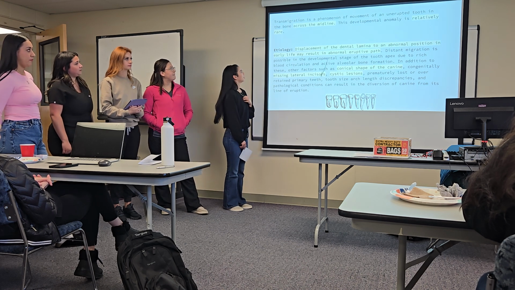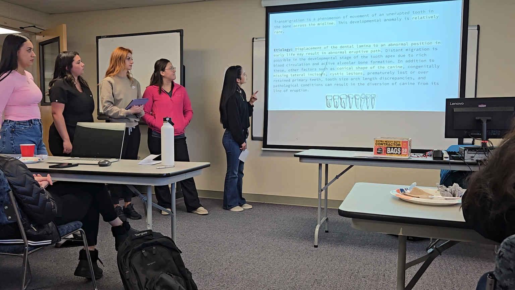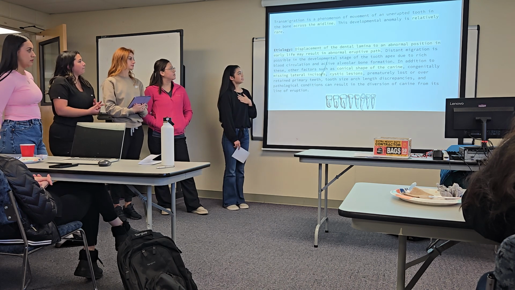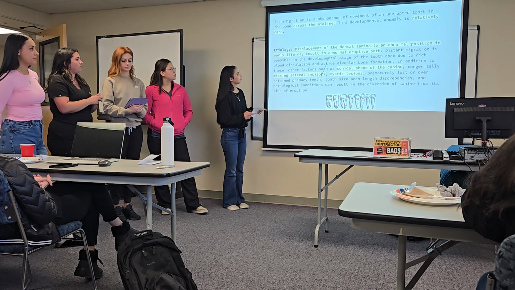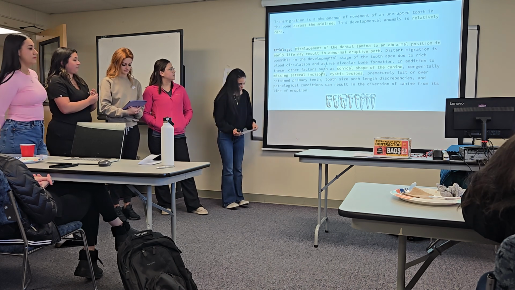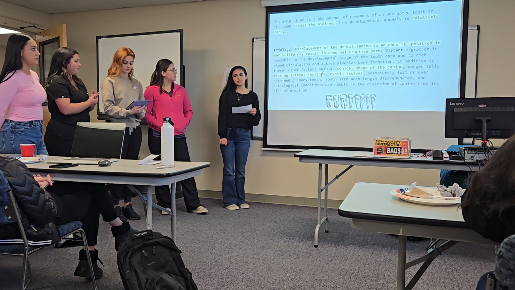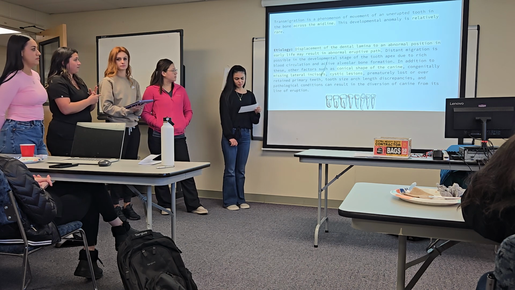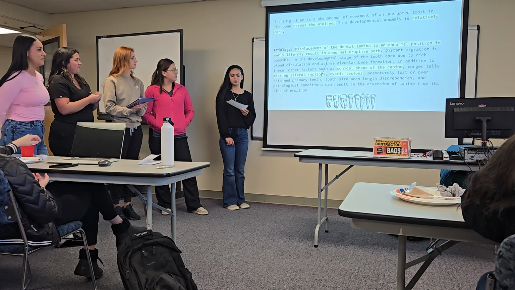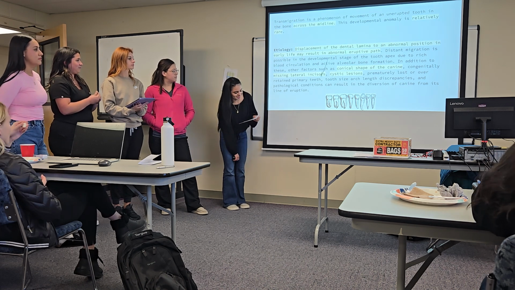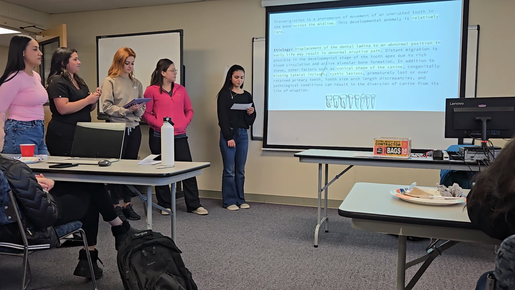It's relatively rare. The etiology is the displacement of dental lamina to an abnormal position in early life, which may result in an abnormal eruptive path. And the dental lamina is created at 6 weeks in utero, when you're in the womb still. It's a band of epithelial tissue.